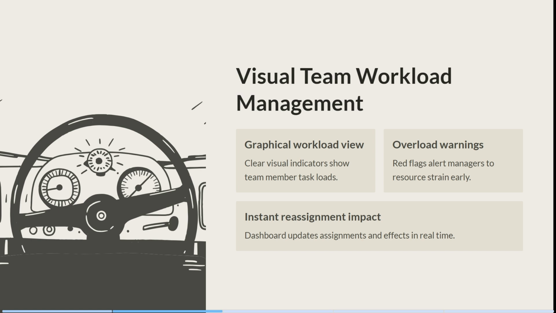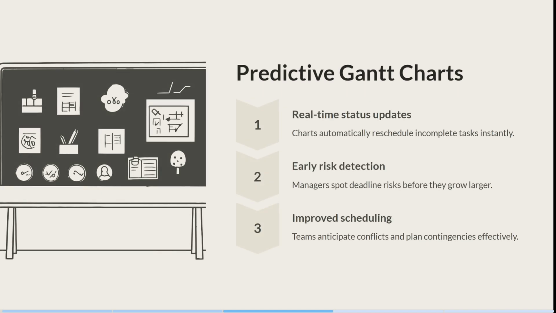Then also dashboard updates, assignments, and effort in real time, which is fantastic. You also get predictive Gantt charts, with real-time status updates and early risk detection, and this overall can improve your scheduling. This allows teams to anticipate any conflicts and plan contingencies before it happens.